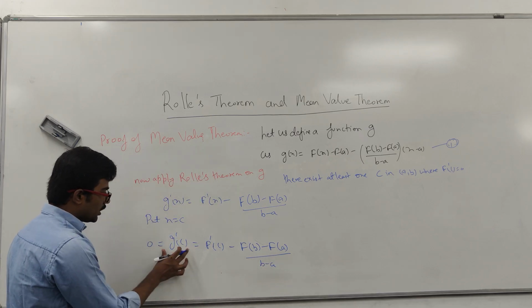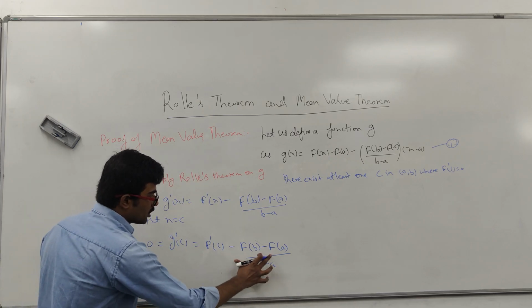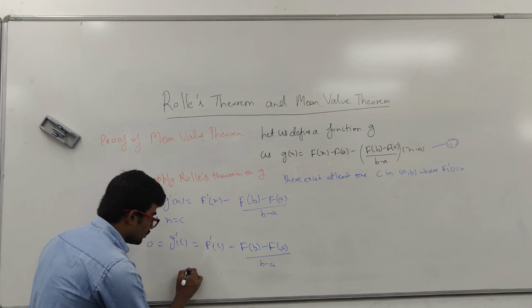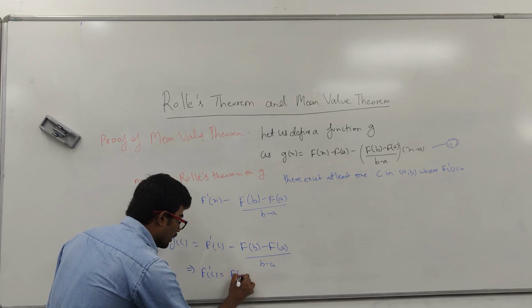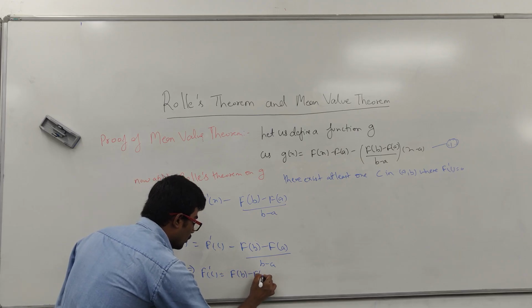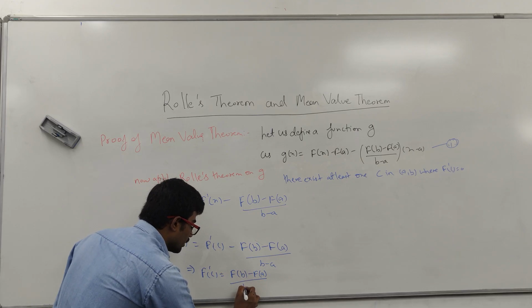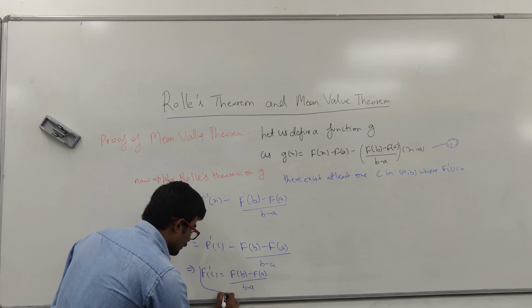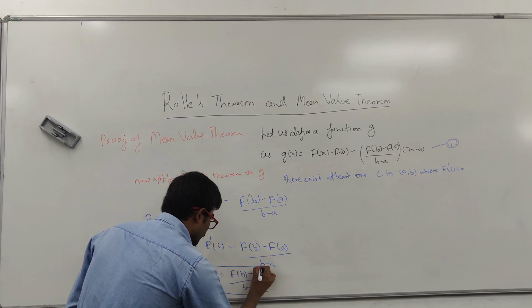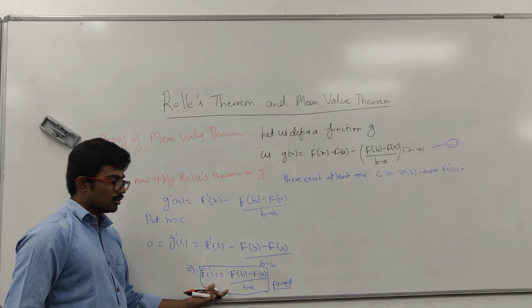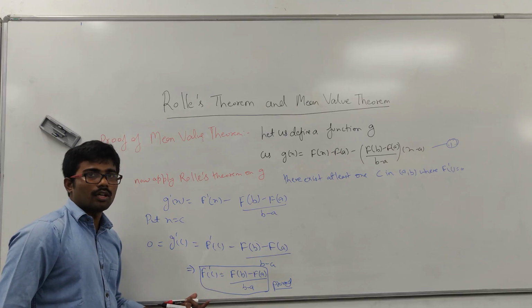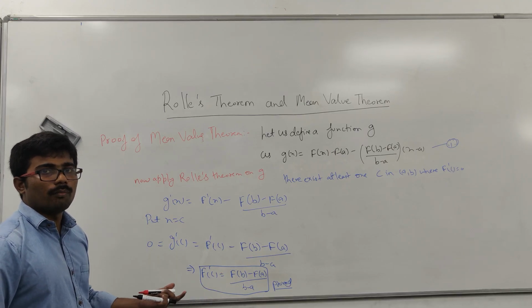Since g'(c) equals 0, this gives f'(c) equals (f(b) minus f(a)) upon (b minus a). Therefore, we have proved the mean value theorem. Now we will see an example of the mean value theorem.